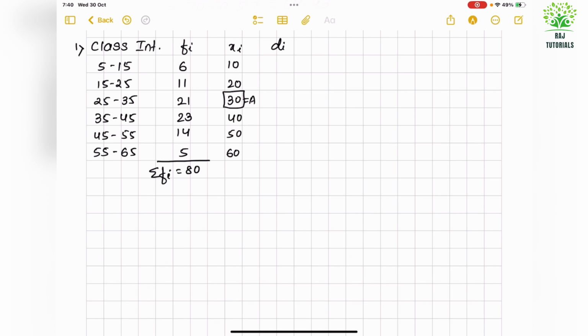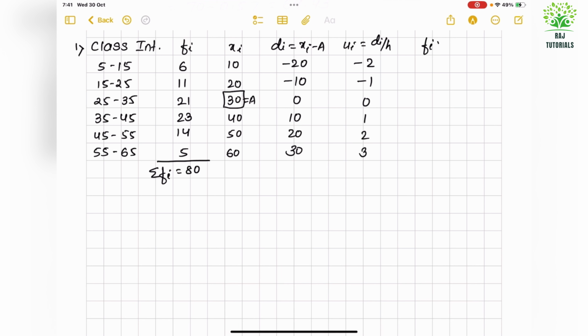So di equal to xi minus A. So 10 minus 30 will be minus 20, minus 10, 0, 10, 20, 30. Now I am finding ui. So ui equal to di by h. So minus 20 by 10, so minus 2, minus 1, 0, 1, 2 and 3.